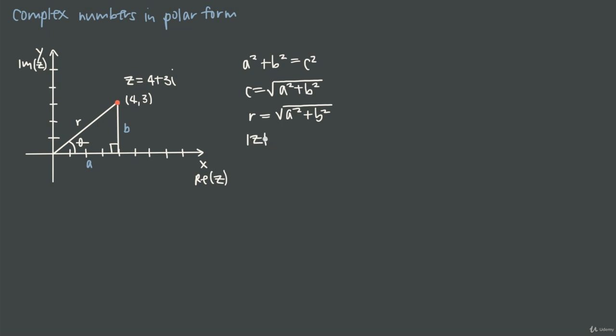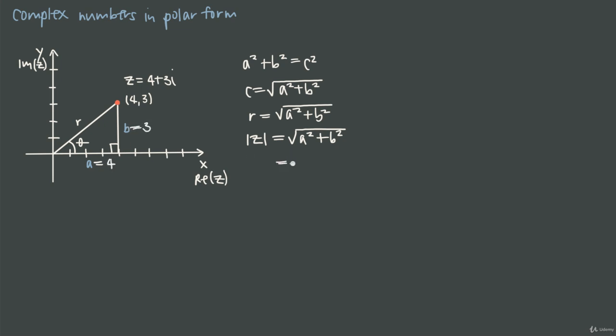It looks like the absolute value of the complex number z, and this just means the distance from the origin of the complex number z. That's, of course, the same thing, the square root of a squared plus b squared. So if we want to find the magnitude of the complex number 4 plus 3i, we know that this horizontal distance is 4, and we know that the vertical distance is 3.